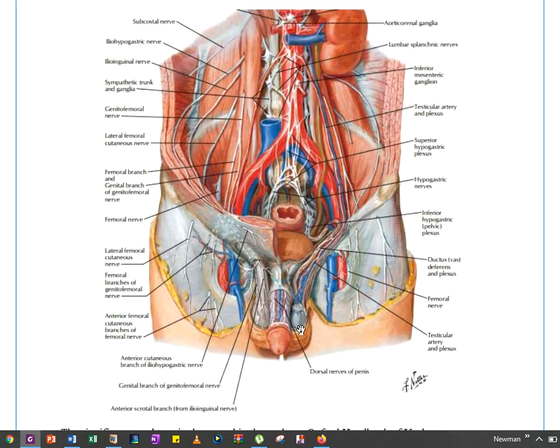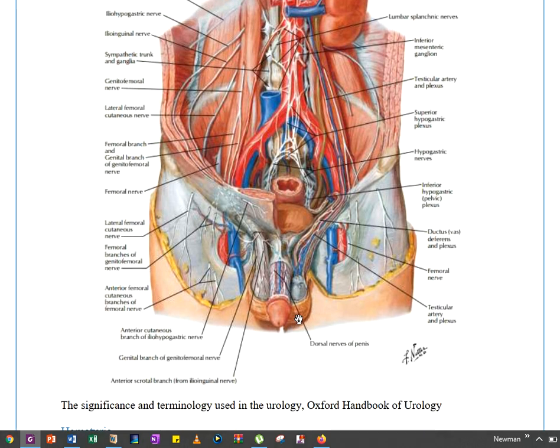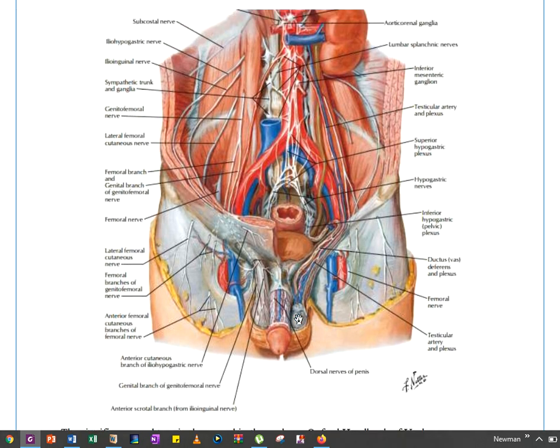So pain of upper ureteric stones may radiate into the scrotum. That's the meaning of this image as far as I'm concerned.